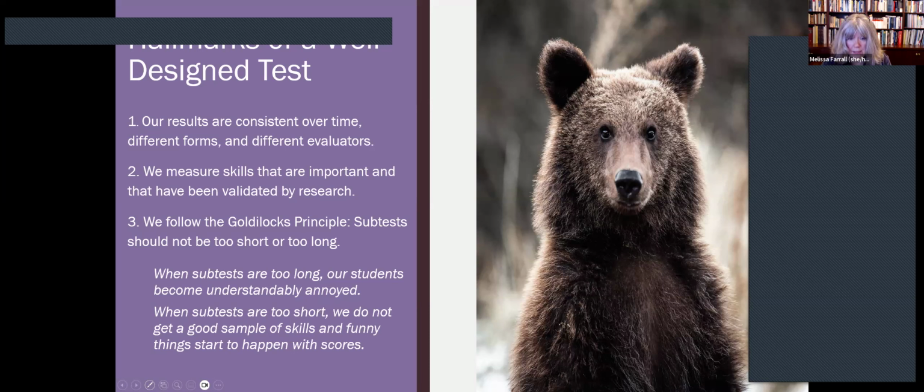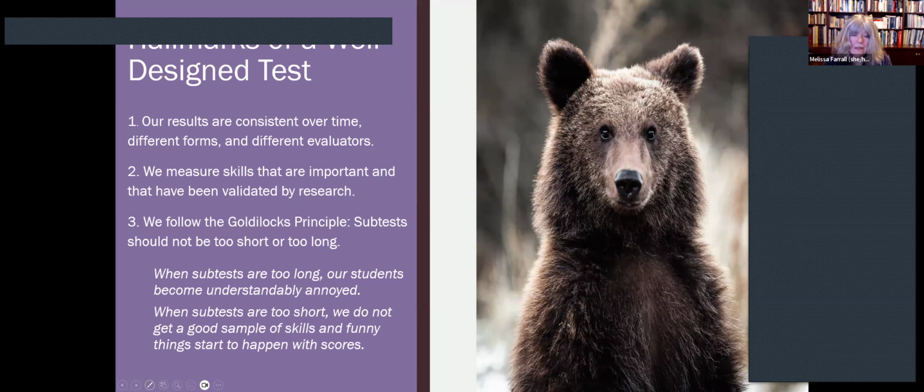If the sample is too short, the scores we get may well be elevated. And if the sample from our student is too long, students start to get tired and annoyed, and evaluators have difficulty paying attention and hanging in there themselves.